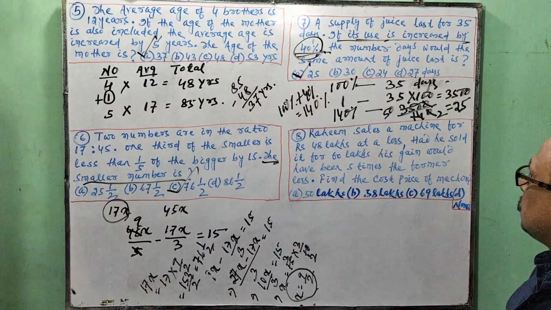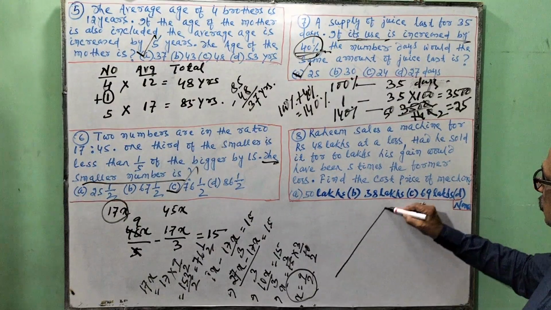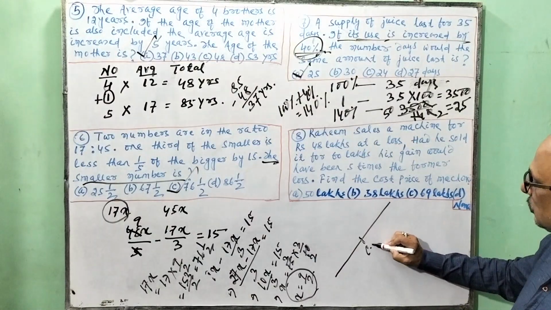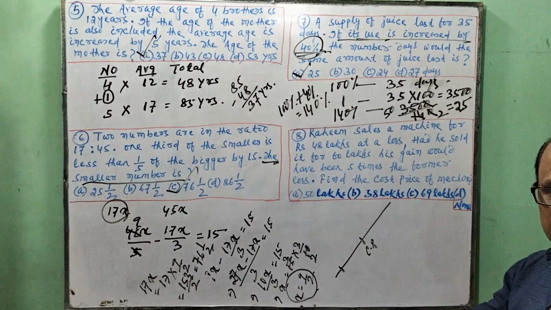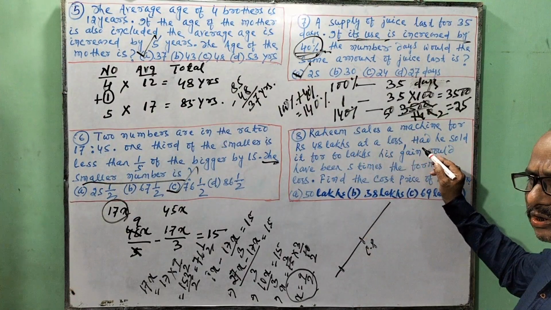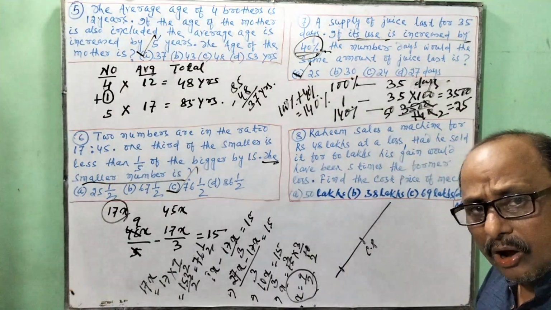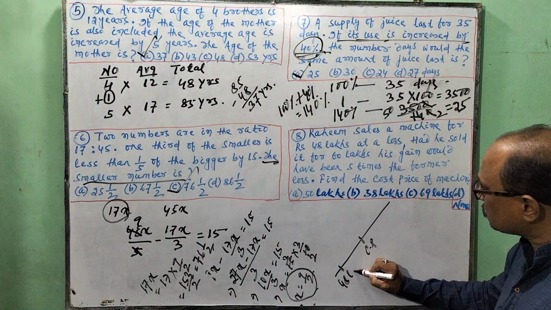Next, Rohin sells a machine for 48 lakhs at a loss. Suppose it is CP. Loss means less than the CP, so he gets below CP, so it is 48 lakhs.